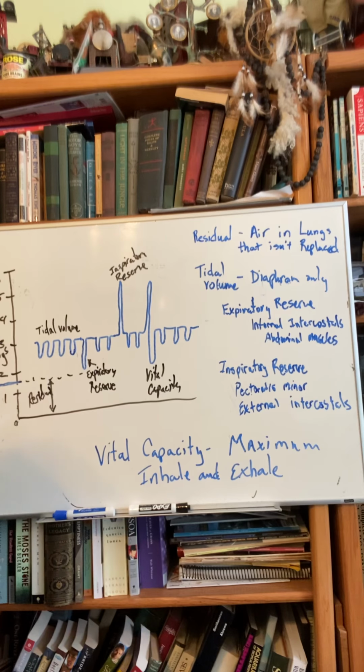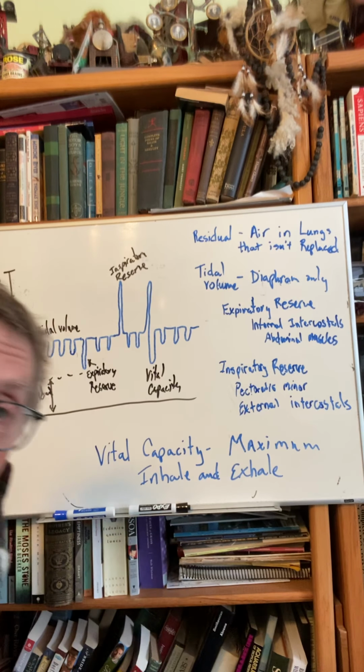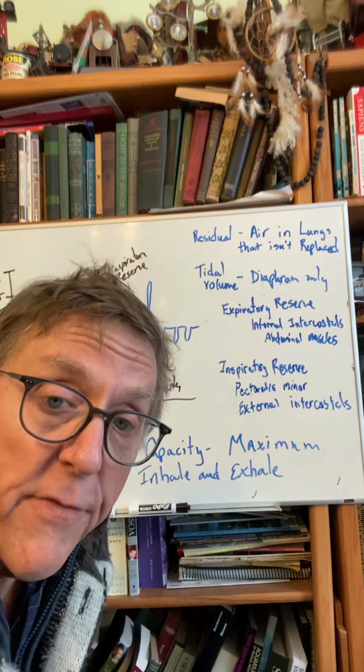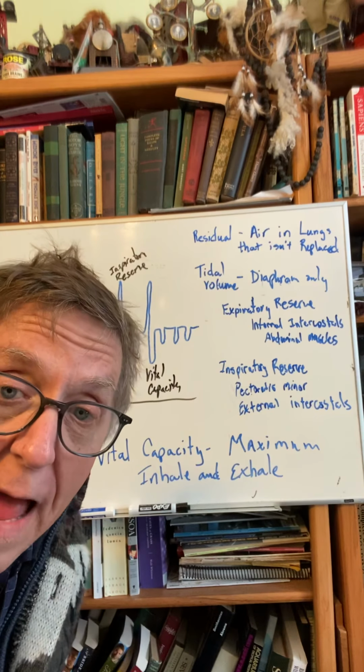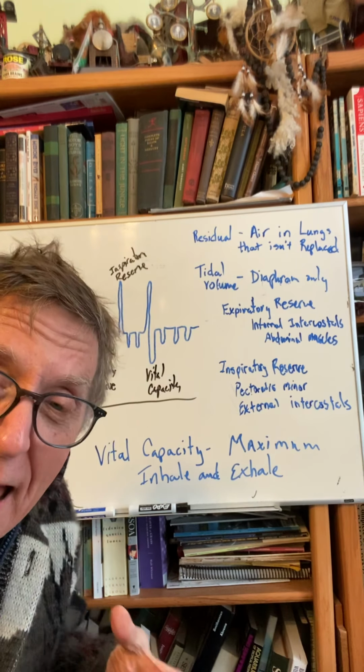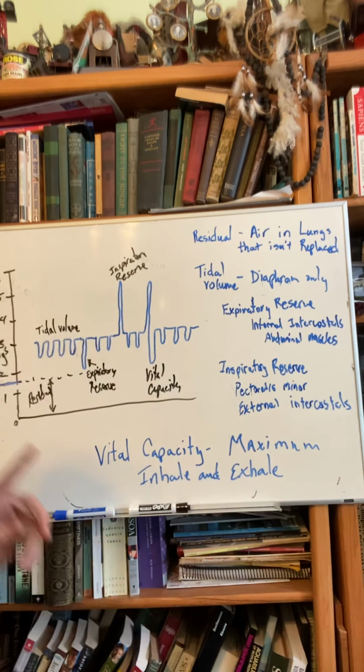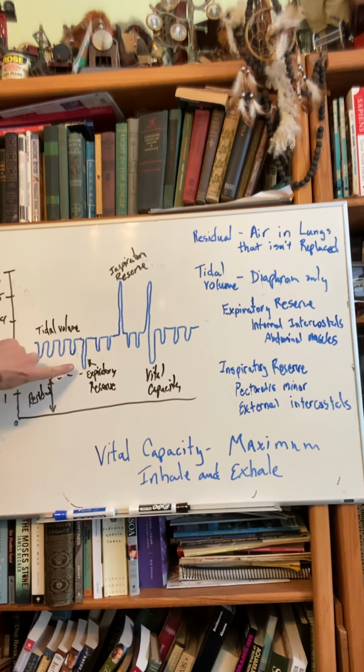Now, when you are breathing with your diaphragm, we had said you can also compress your internal intercostal muscles and compress your abdomen and make your thoracic cavity even smaller. When you do that, that's what we're going to call the expiratory reserve volume.